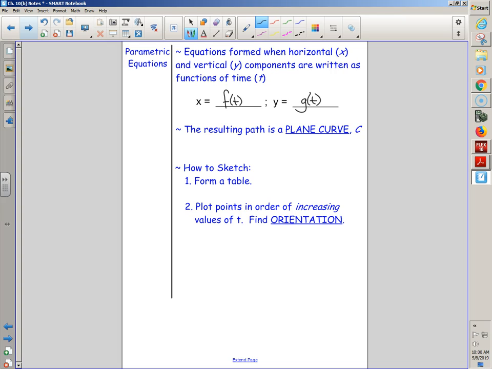Or, if it was the other way, it could be f a function in terms of theta. Or it could be g a function of theta. And every set of parametric equations, and that's why it sounds weird, every set has two equations, an x and a y.